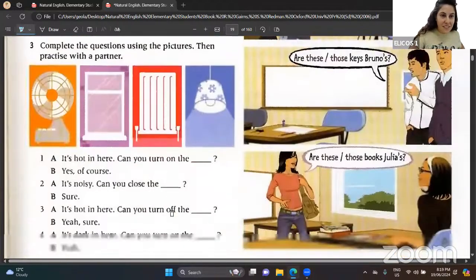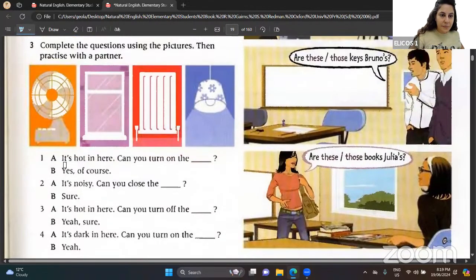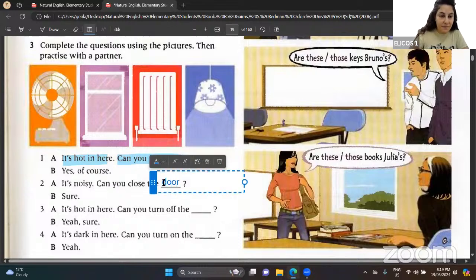Okay, we have some images here. So it's hot in here. Can you turn on the fan? Yes, of course. It's noisy. Can you close the door? Sure. It's hot in here.